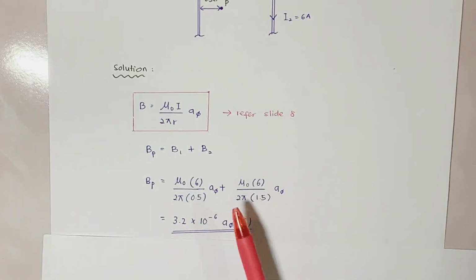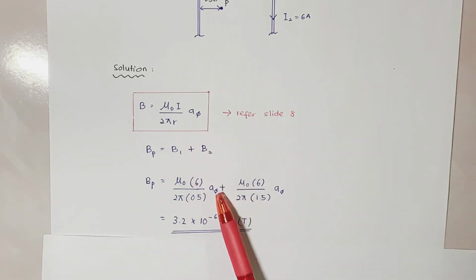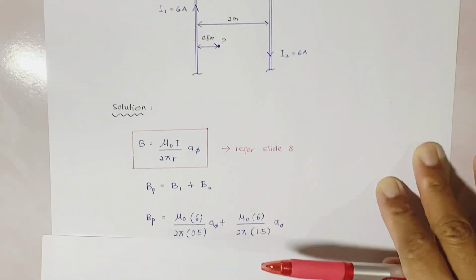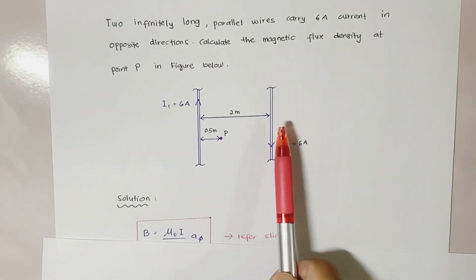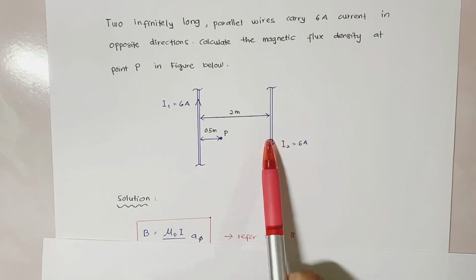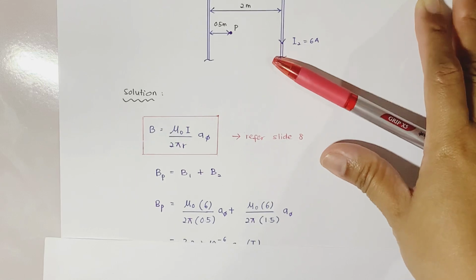And then for AV, don't forget AV, because the equation given is AV plus mu naught permeability times 6, where 6 is the value of current for conductor 2, over 2 pi times the distance between conductor 2 and point P. Conductor 2 to point P is 1.5 meter.